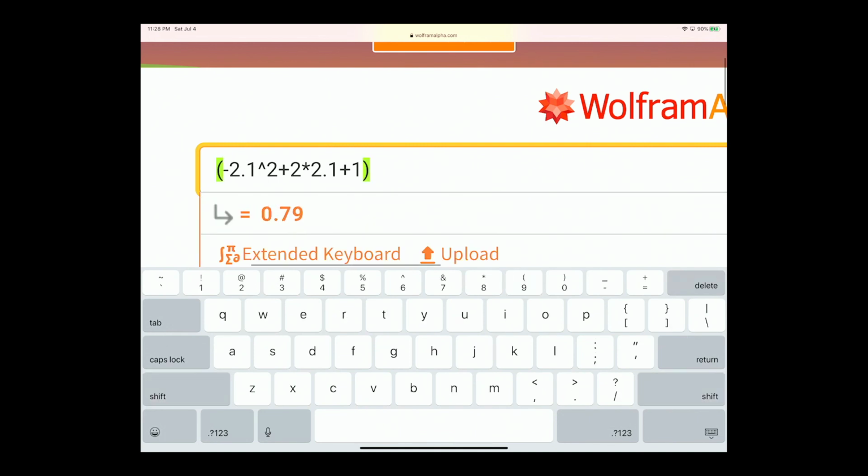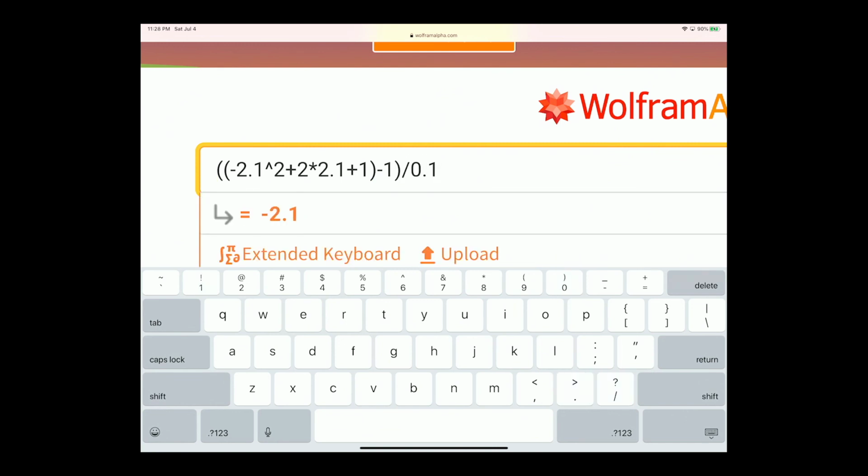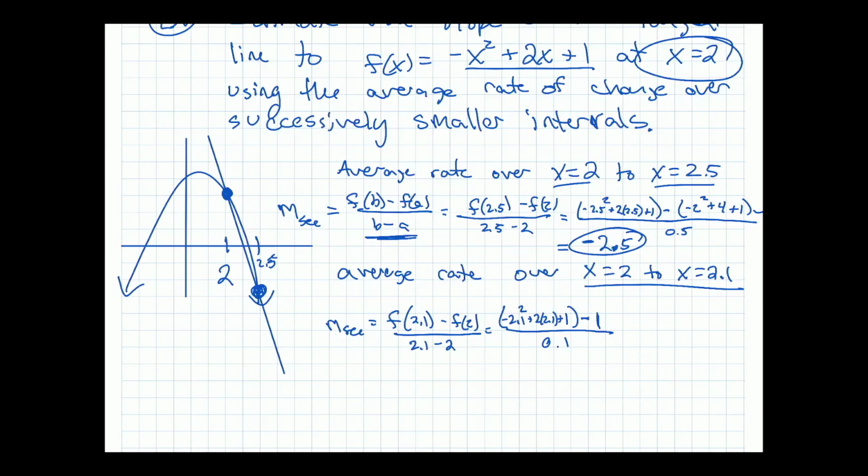So that was the first thing, and we know we have minus 1. That's the second thing. And then we know we have over 0.1 in the denominator, and we're going to get negative 2.1 for our answer. So we go back to Notability, negative 2.1. Okay, so that's what we get there.